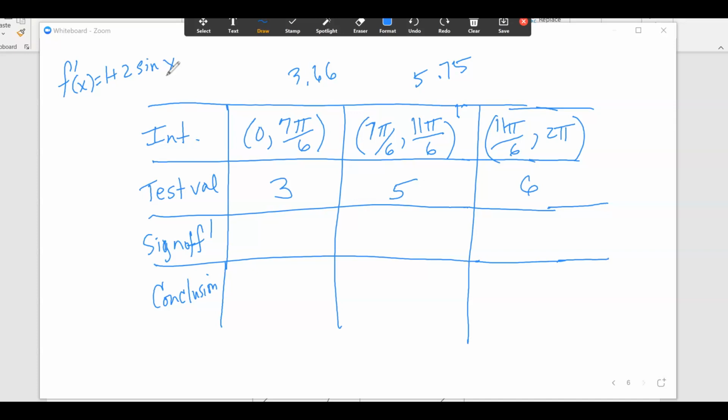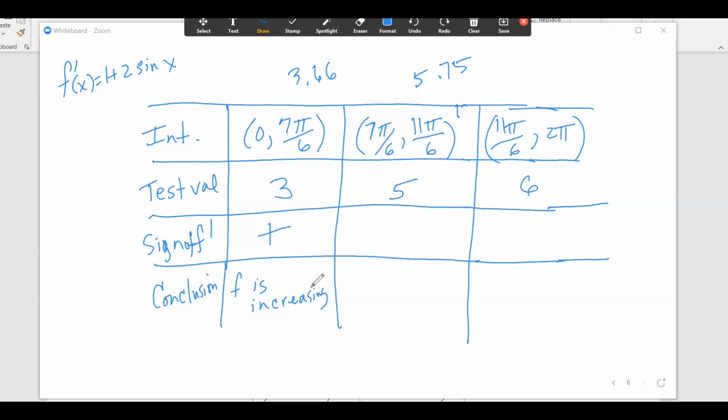Make sure your calculator is in radian mode. I get a positive value. So I know that f is increasing.